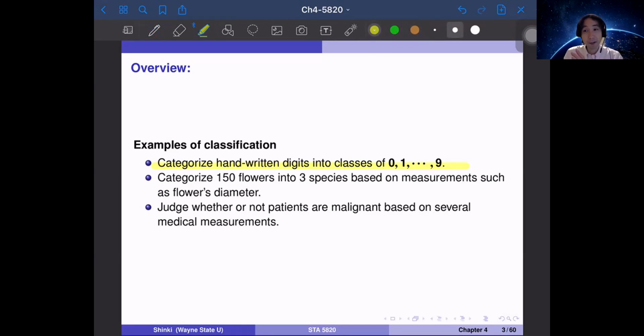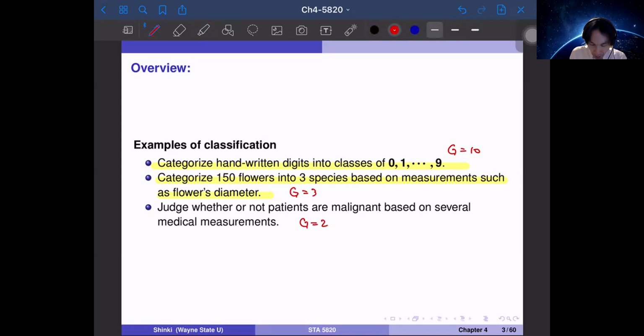Typically we have a sample data set with maybe 1,000 handwritten digits, then based on that, we create a model to read maybe millions of other digits. And the more classic example, categorize 150 flowers into 3 species based on measurements, such as flower diameter. So here G is equal to 10, this is G is equal to 3.